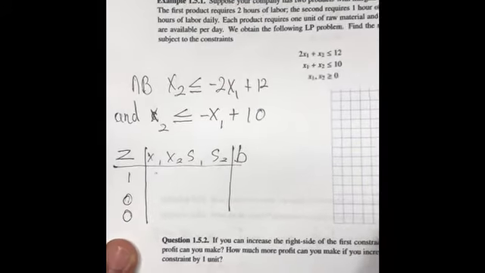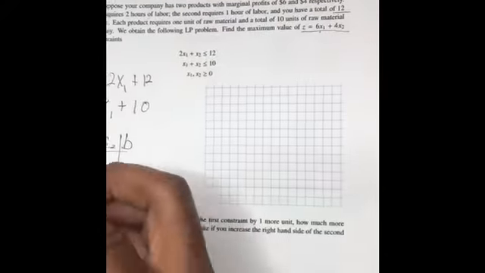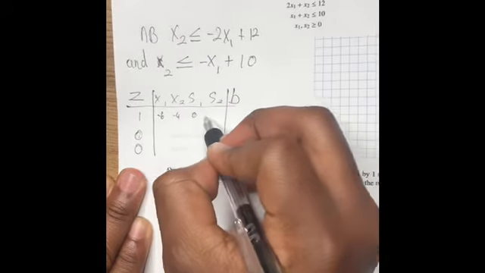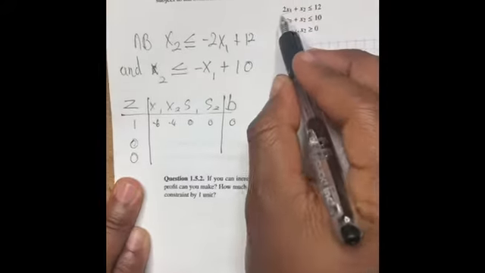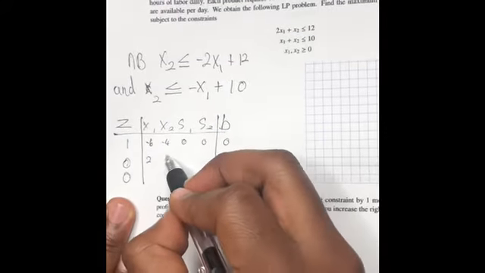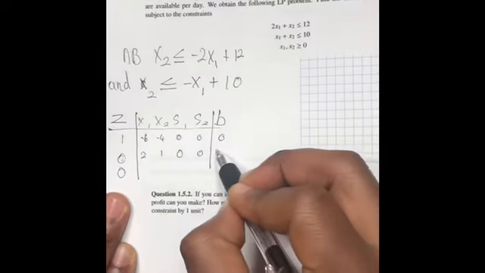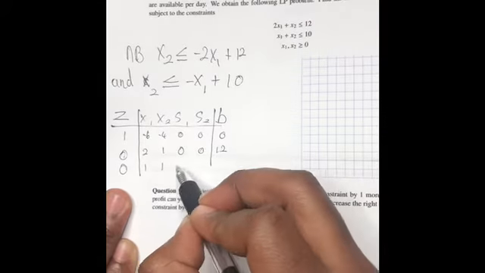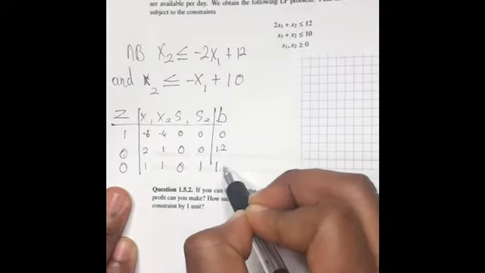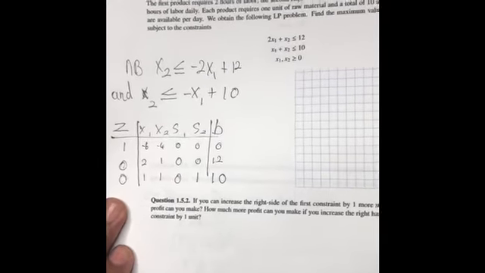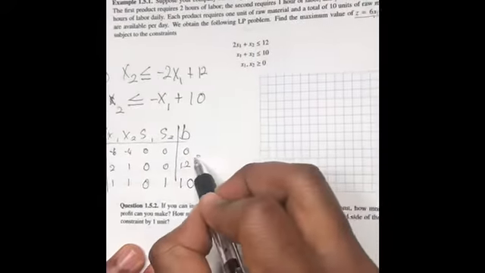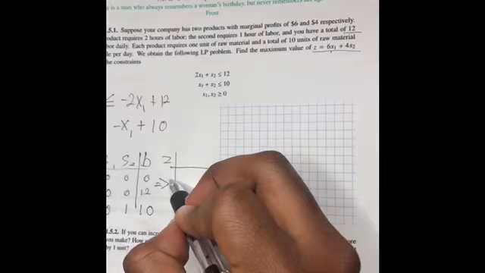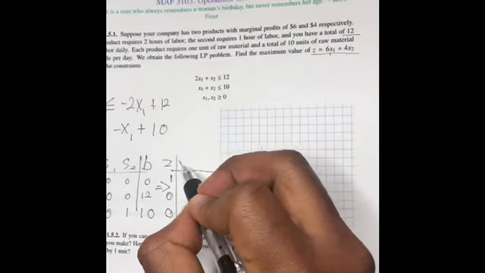So, where z is equal to 6 plus 4, we put, then we put, and then 4. Okay, now we seek to use row operations to get the solution.